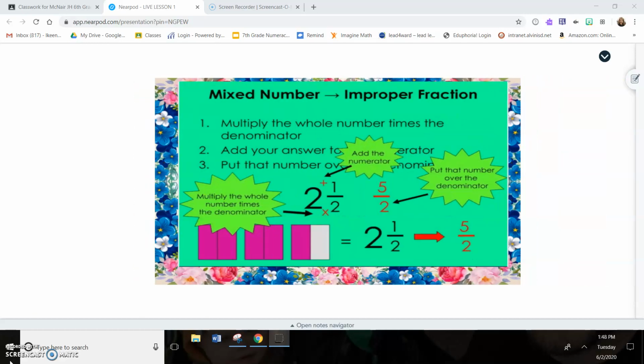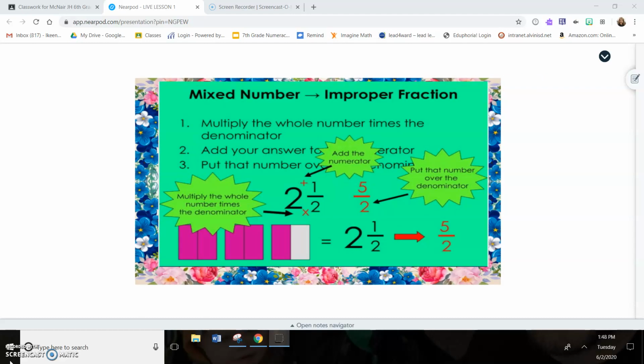Okay, let's look at the next one. So for a second, this is how you convert a mixed number into an improper fraction. Mrs. Brown also has some notes for you under week 2, where there are 2 posters that explain this a little bit clearer, and if you want to look at those, that will probably help you as well. So let's talk about the mixed number. The first mixed number that we're looking at, that's modeled in that fraction down there, is 2 1/2.